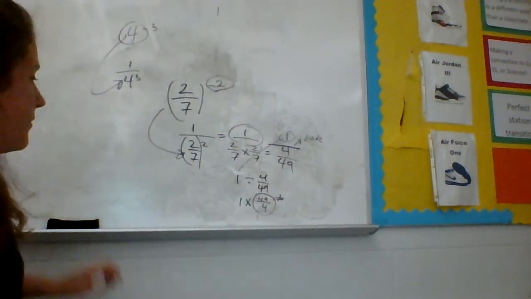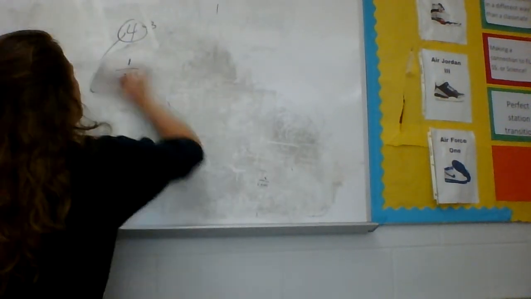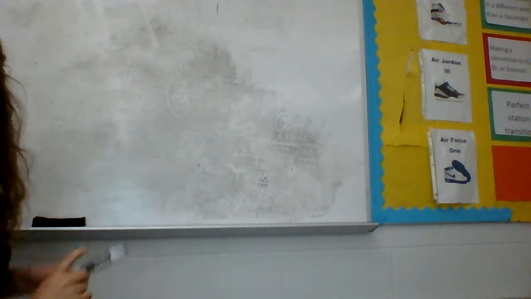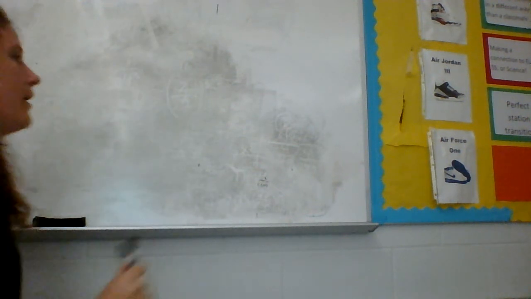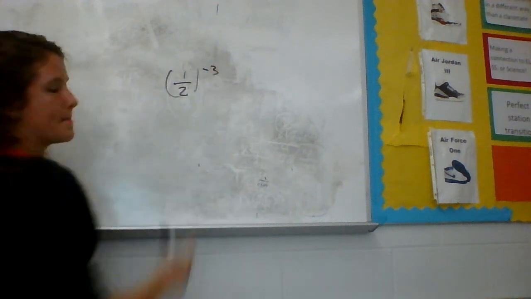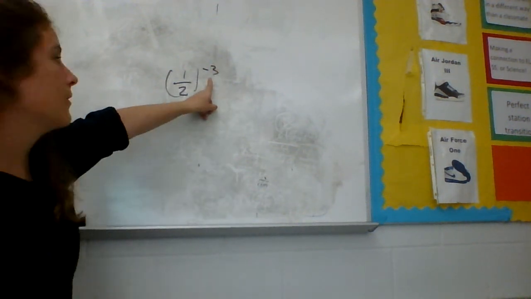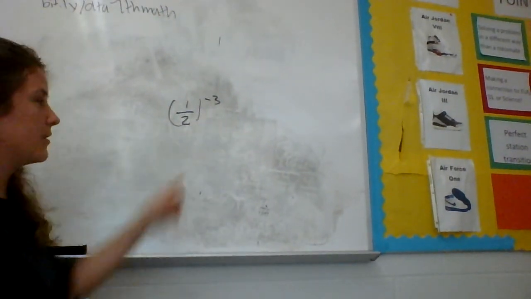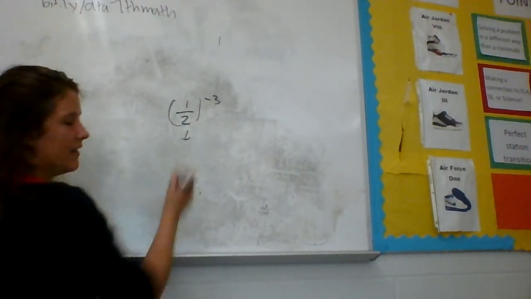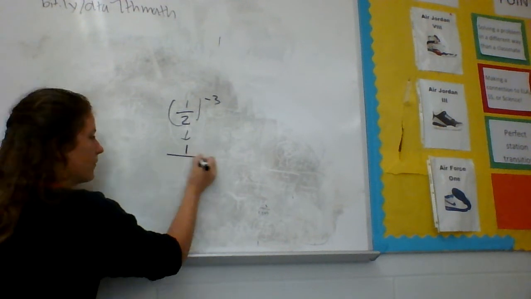We're going to do one more example like this one. This time I have 1/2 to the negative third power. I see that my exponent is negative, which means that my answer is going to be a fraction. So I'm going to rewrite it as the shortcut. The fraction always has a numerator of 1.